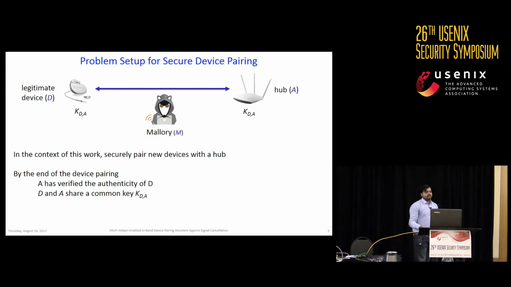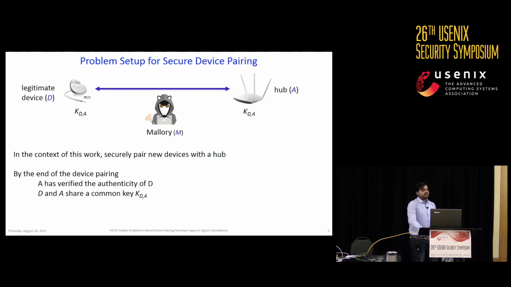So the problem setup for our work is that a legitimate device D is trying to pair with the wireless hub A in the presence of Mallory, and the hub needs to verify the authenticity of D, because they do not share any prior secrets.